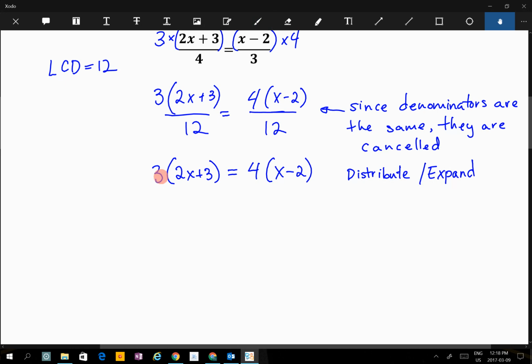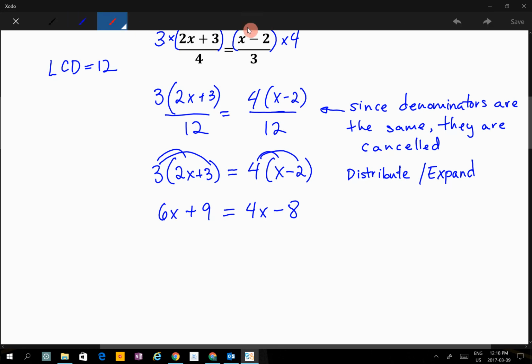Okay, so if I expand both the left side and the right side, I will get 3 times 2x, which is 6x, and 3 times 3, which is 9, so plus 9. And on the right side, I have 4 times x, which is 4x, and 4 times minus 2, which is minus 8. Okay, and now here is the situation where we have variables on both sides. So what I'm going to do is subtract 4x from both sides.